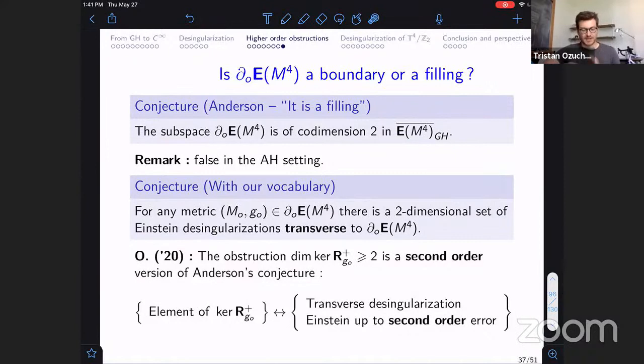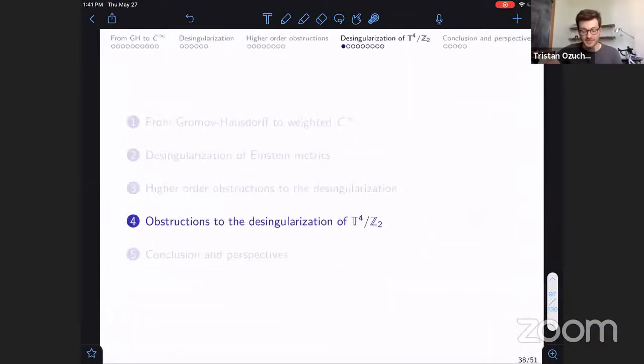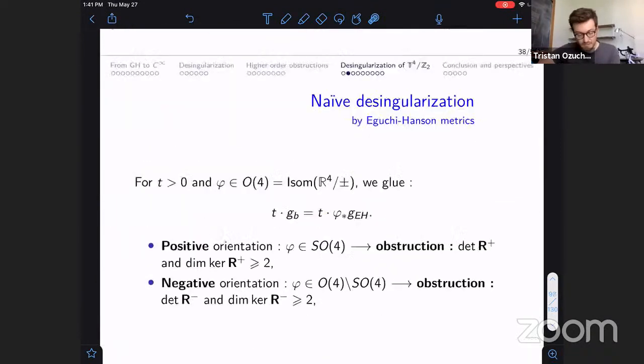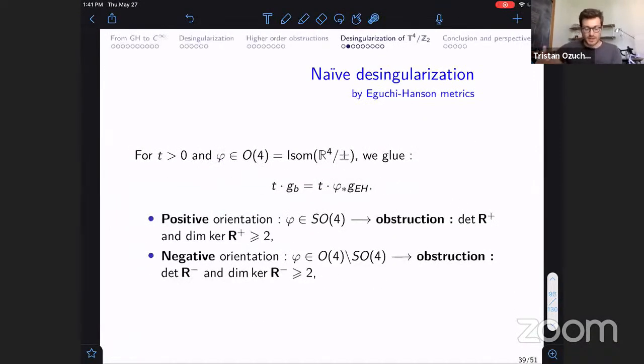Okay, so that's these higher order obstructions, and now I'm going to look at them on a particular example, which is the same as Brendle and Kapouleas, which is that of the quotient of the torus. So I'm going to glue different metrics to my orbifold, and these metrics are just rescalings and rotations of Eguchi-Hanson.